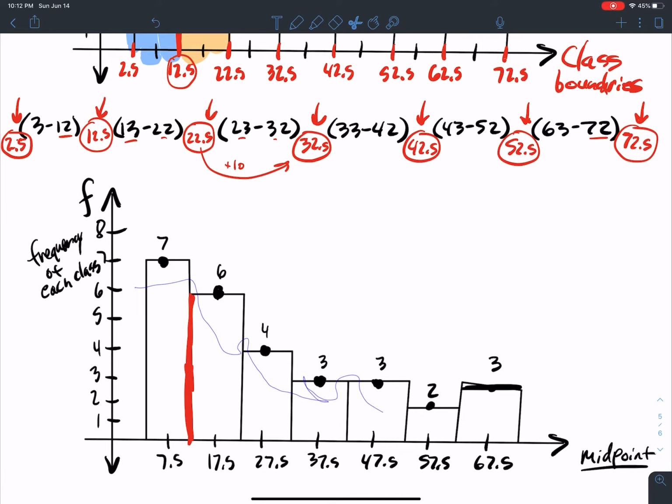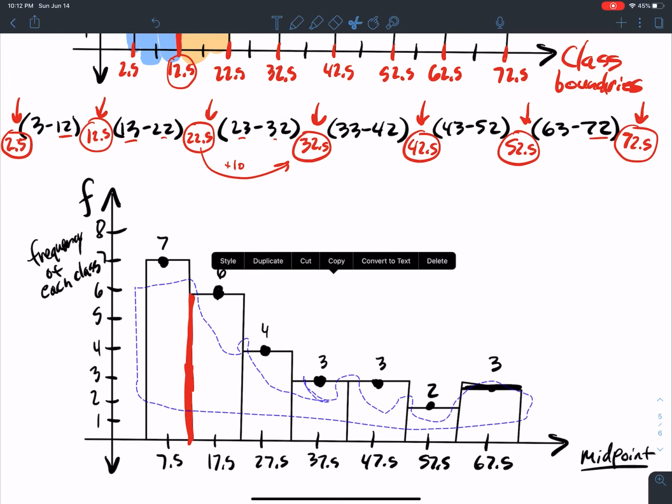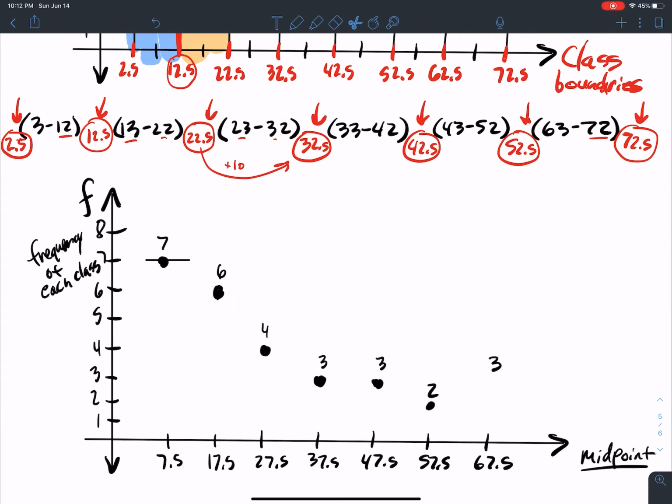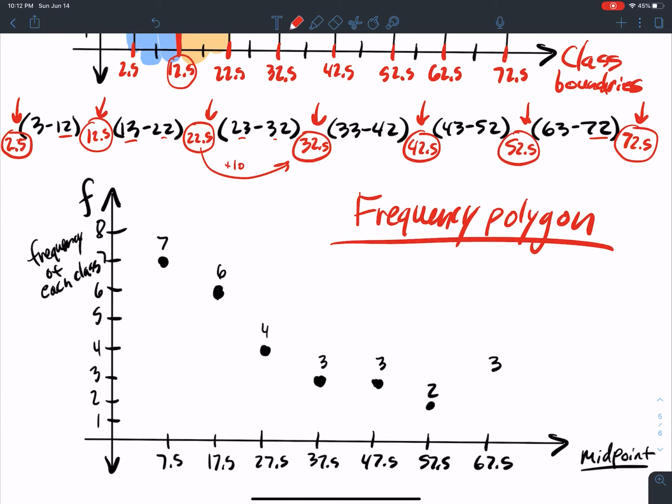Let me delete these. Okay. So this is known as the frequency polygon.